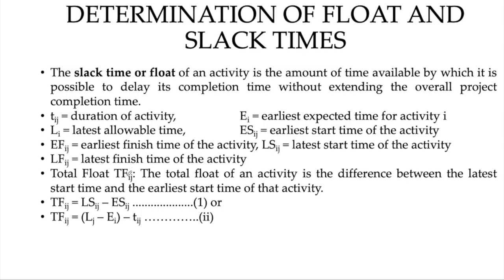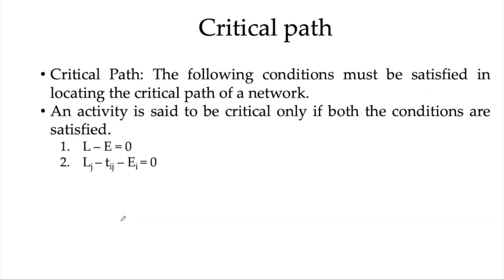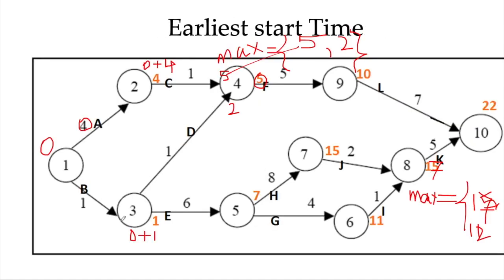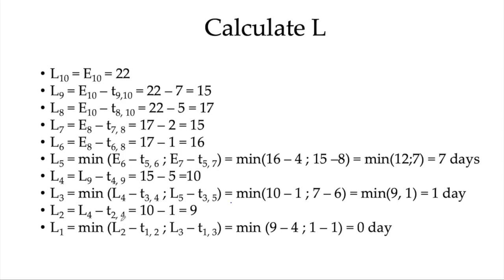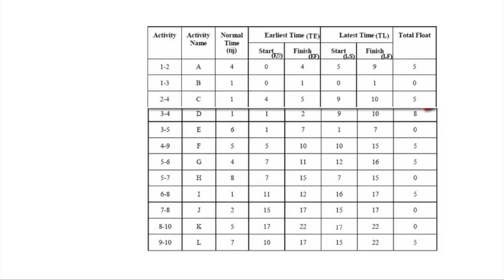Then the total float for the system can be computed as total float equals latest start minus earliest start, or Lj minus Li. So if we see in this figure, we can find the different values shown here. For activity A, the normal time is 4, it starts at 0 and finishes at 4.